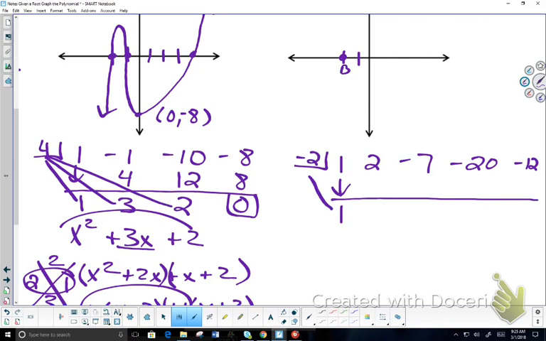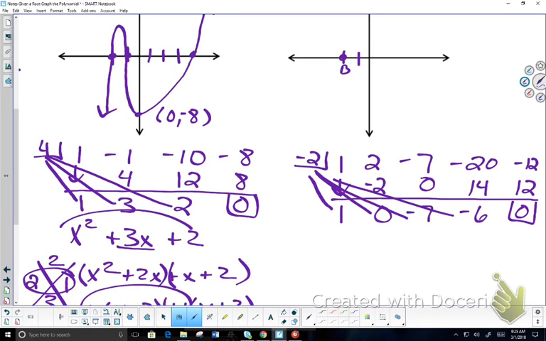I multiply, -2 times 1 is -2. I get 0. -2 times 0 is 0, which gives me -7. -2 times -7 is 14, which gives me -6. And then -2 times -6 is 12, which will give me 0. Once again, keep in mind, you should get a 0 because it is a factor.